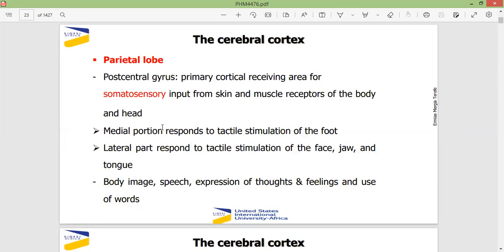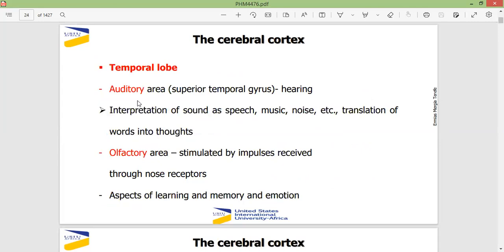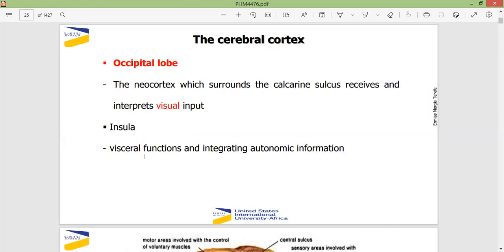When you go to the parietal lobe, as already mentioned, the somatosensory cortex will be found here, right? The sensory information will be coming here. For the temporal lobe, hearing is under the temporal lobe. Also smelling, olfactory, right? The nose. So stimulus related to smell will also be here. Smell and taste. Remember, olfactory deals with both smell and taste.